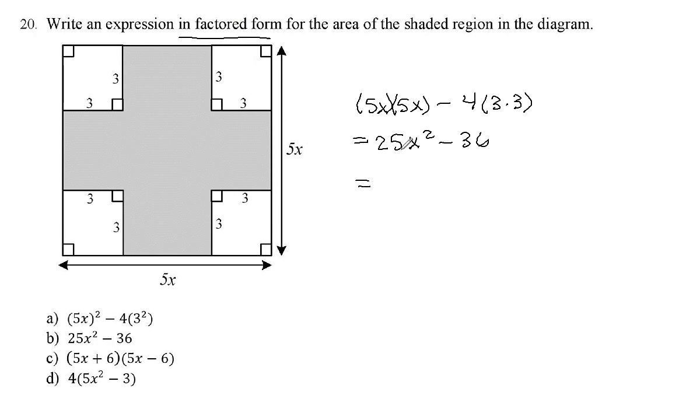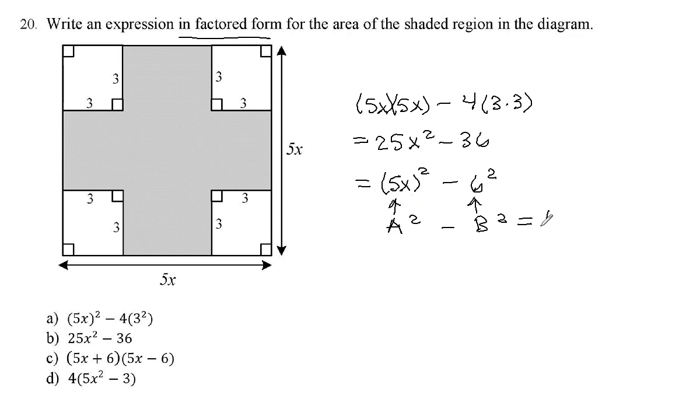So notice that 25 and x squared are perfect squares, and so is 36. So notice that 25x squared is really 5x quantity squared minus 6 squared. So this looks like the difference of squares formula, a squared minus b squared, where your a is 5x and your b is 6.